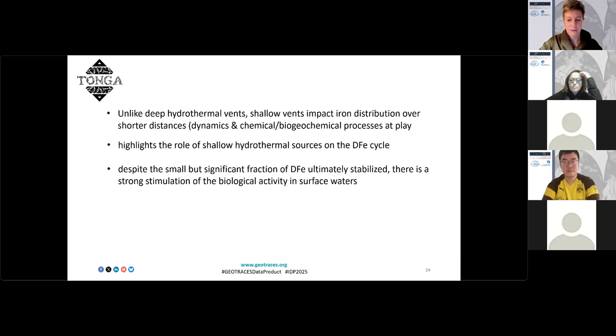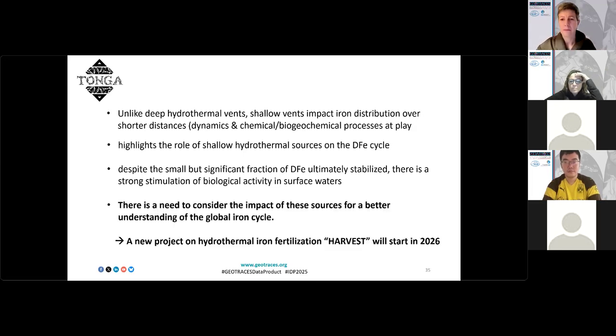And despite the small but significant fraction of dissolved iron ultimately stabilized, there is a strong stimulation of the biological activity in the surface waters over a long distance. And finally, there is a need to consider the impact of these sources for a better understanding of the global iron cycle.